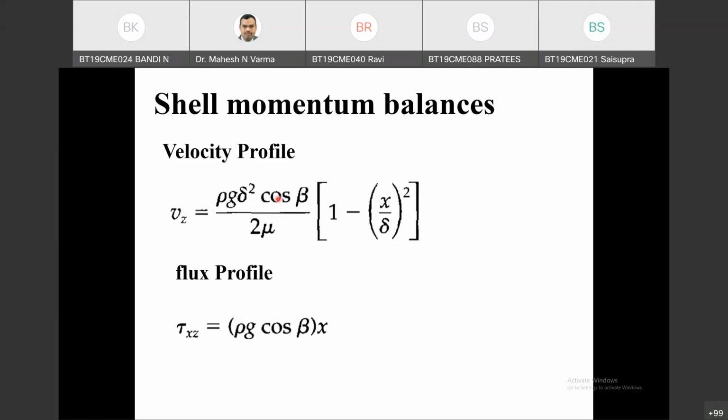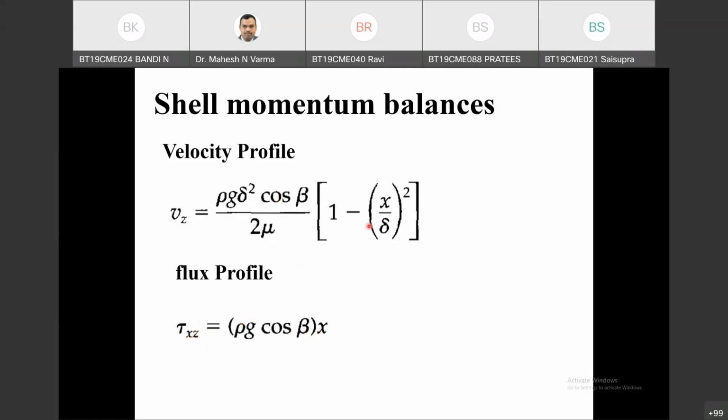What are my boundary conditions? At x equals to 0, flux is 0. So you put x equals to 0, flux equals to 0. This is kind of a cross check whether your flux profile is correct or not. You put x equals to 0, you will get flux equals to constant. So I am getting back my boundary condition very easily.